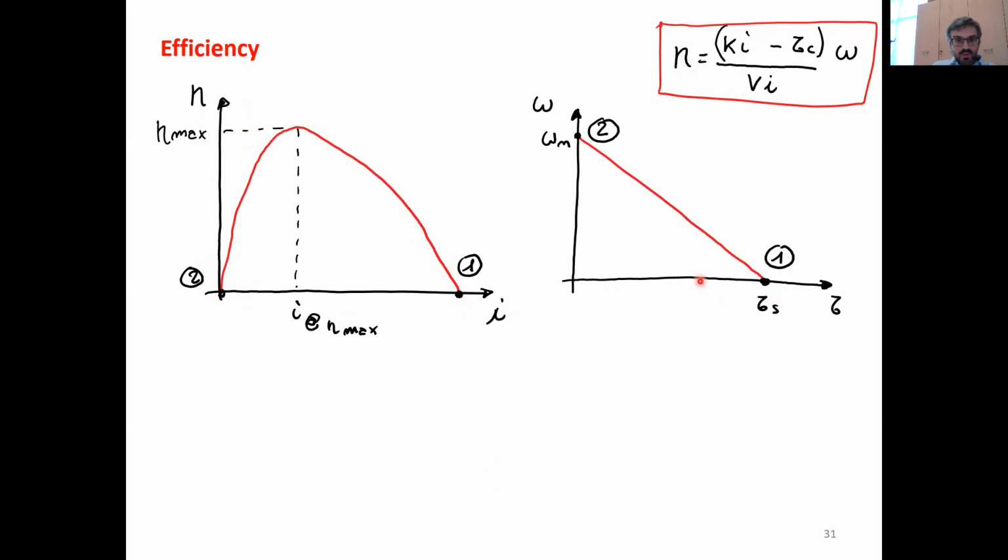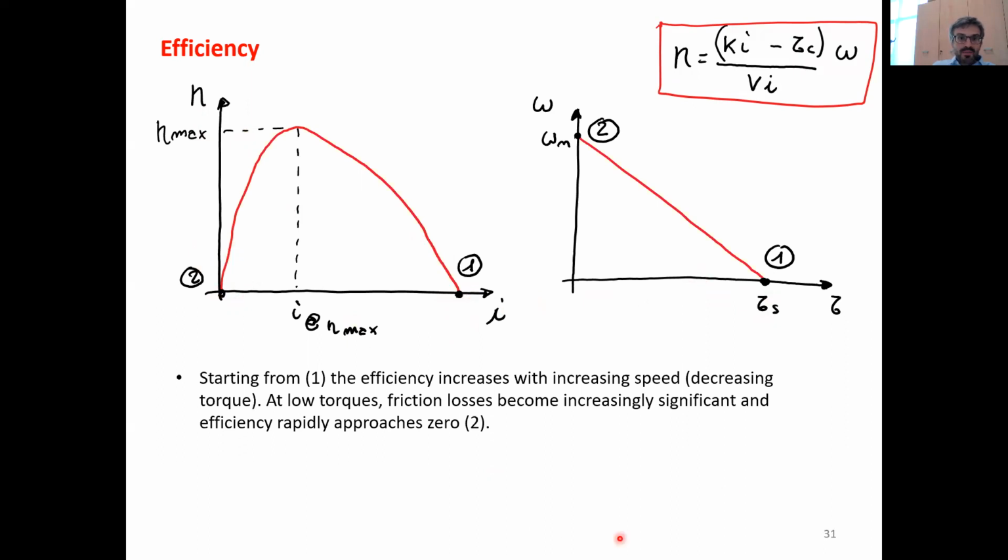And we see here the two relevant points. So if we look qualitatively at the expression in the stall situation, where the velocity is zero and all the torque goes into the stall torque, we see that this term is way bigger than this one, and these two nullify, and the efficiency increases with the velocity.